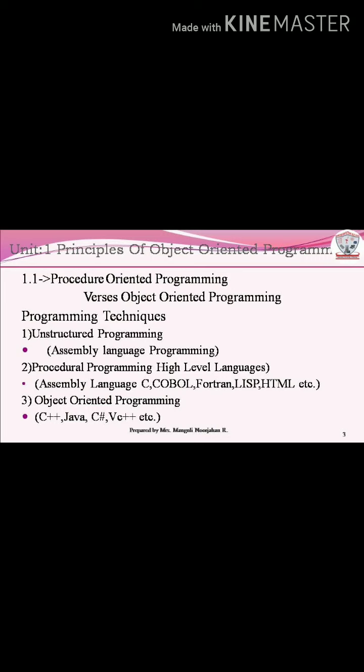The example of unstructured programming is assembly languages, which were used earlier. The second one is procedure oriented programming, which is also called high level languages. For example, C, COBOL, Fortran, etc. are the examples of procedure oriented programming languages. And the third one is object oriented programming. The examples of object oriented programming are C++, Java, C Sharp, VC++, etc.